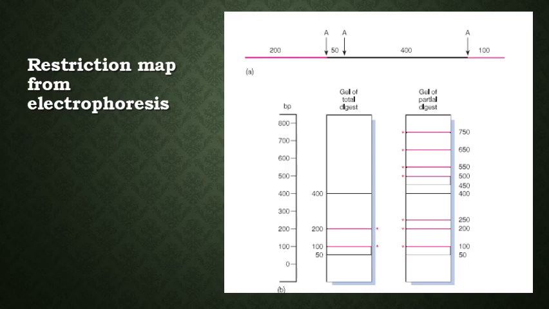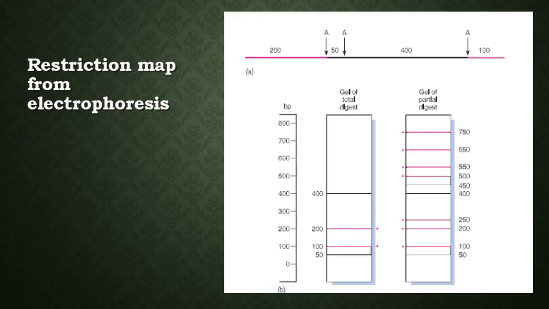The order of the other segments can be determined by slowing down the digestion process to produce a partial digest. If the restriction is cooled or allowed to proceed for only a short time, not all the restriction sites will be cut. Some pieces of the DNA will not be cut at all. Some will be cut once, some twice, and some cut at all 3 restriction sites.